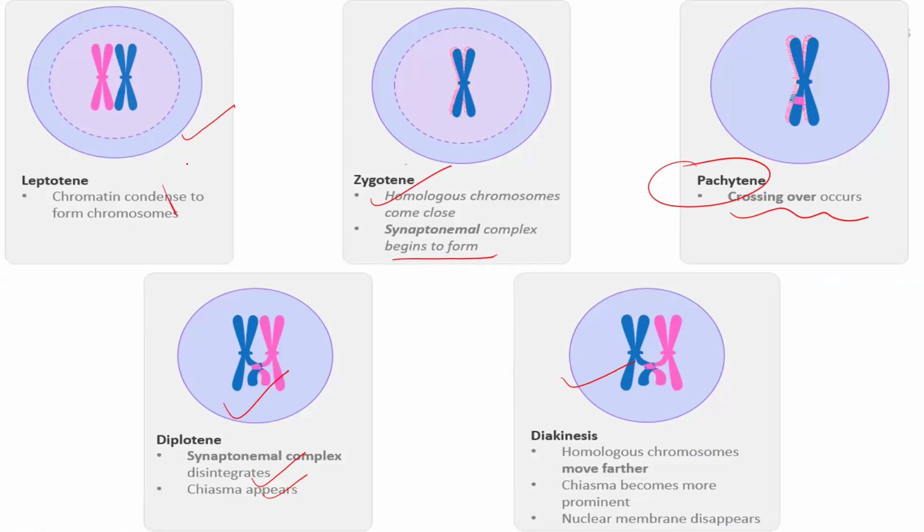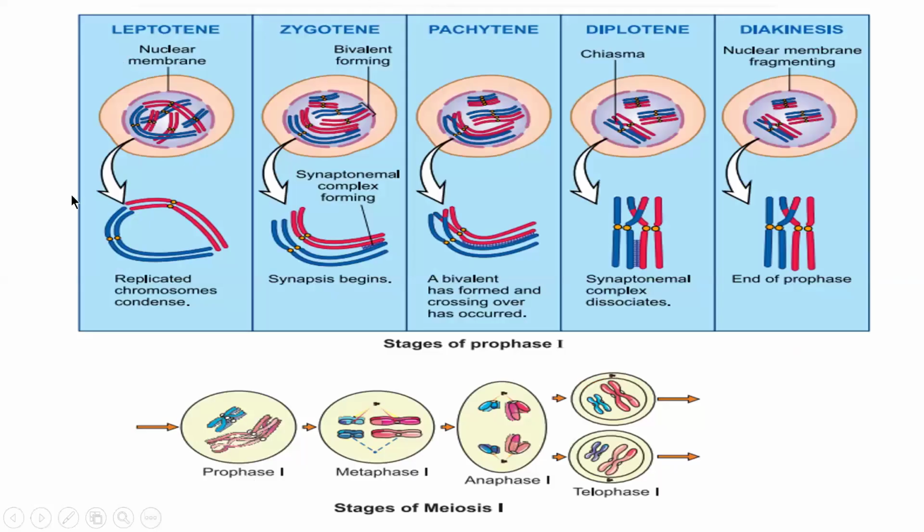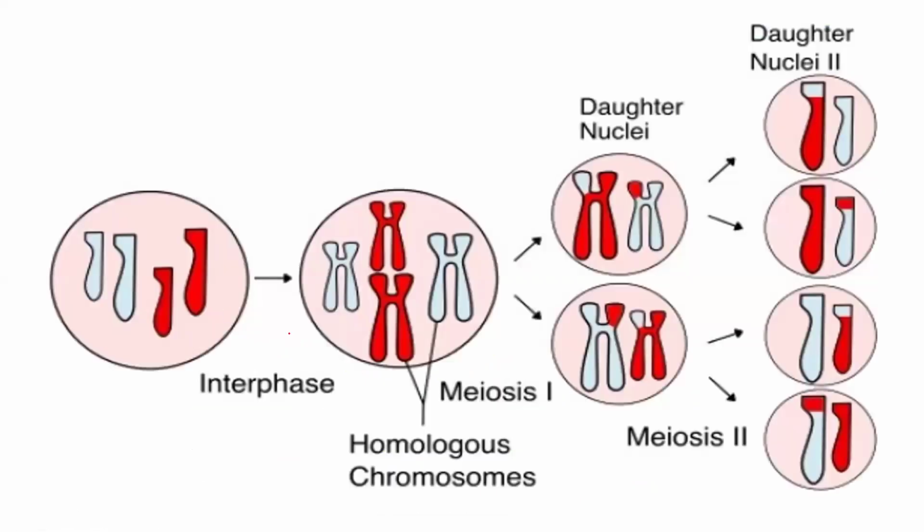So these are the revision slides: leptotene, zygotene, pachytene, diplotene, diakinesis. After that come prophase 1, metaphase 1, anaphase 1, telophase 1, then two daughter nuclei, and then meiosis 2 gives four haploid gametes.